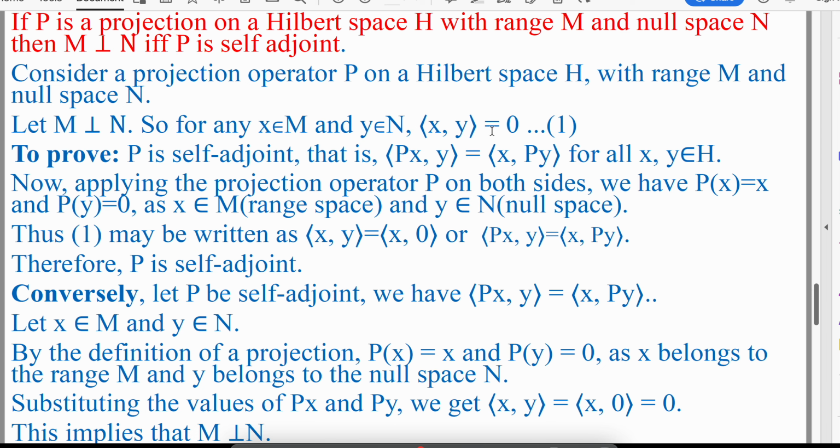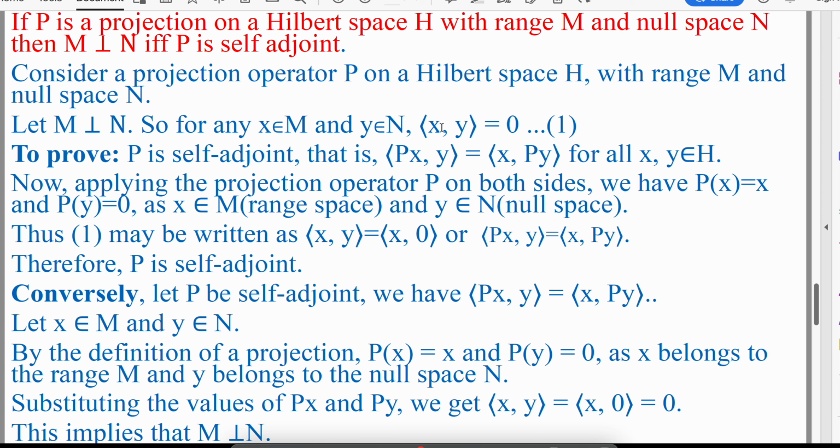Because we know that the inner product of x with y equals 0, if we apply the projection operator P, we know that Px is equal to x because x belongs to M, and Py equals 0 because y belongs to N. M is the range space and N is the null space. So Px equals x and Py equals 0.